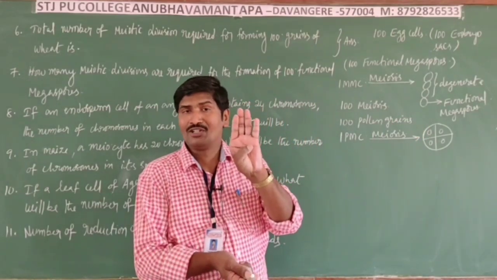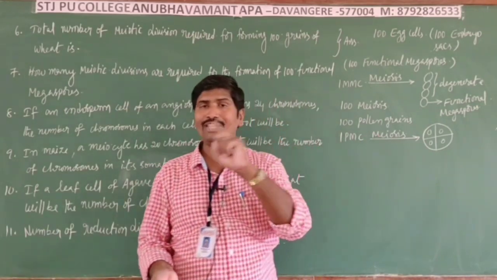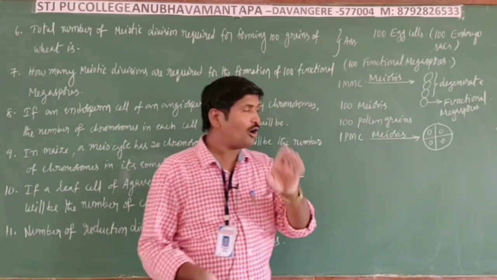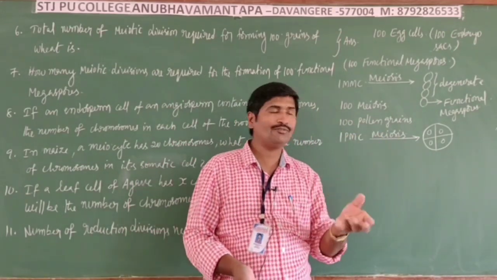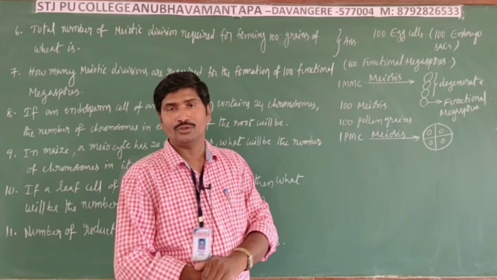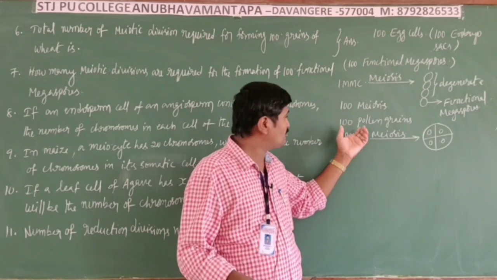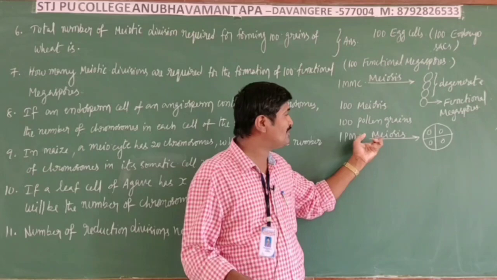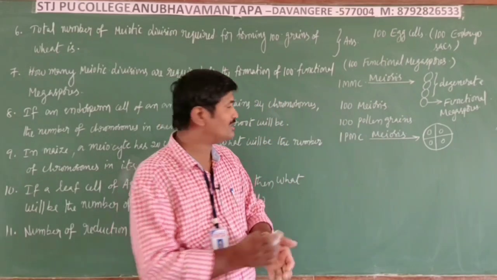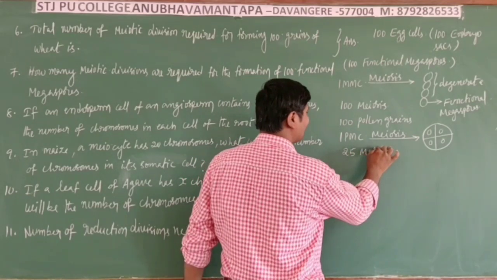For the formation of 4 pollen grains, how many meiosis cell divisions are required? Only 1. For the formation of 100 pollen grains, how many meiosis divisions are required? That is 25. Okay, 25 meiosis cell divisions are required for the formation of 100 pollen grains.